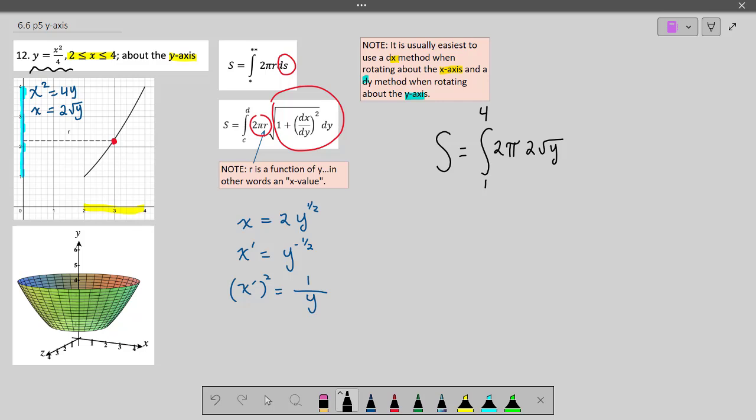So that's the radius, the distance our point element is from the axis of rotation. And then we have the ds part. The ds part becomes the root of 1 plus the derivative squared. And then we have the dy. So that is our setup.